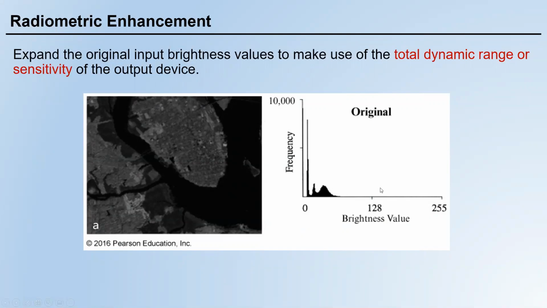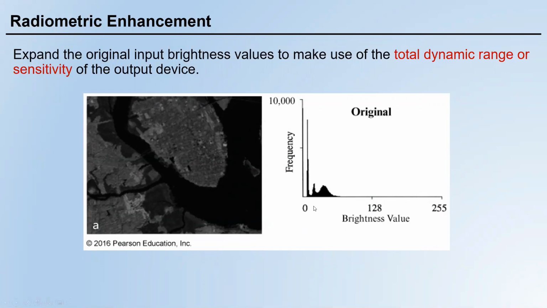So this is a very simple example of an image histogram. The horizontal axis is for brightness value, or you can consider brightness value as pixel values.